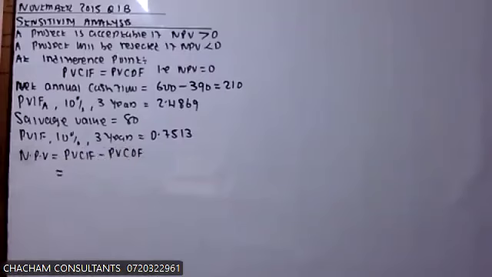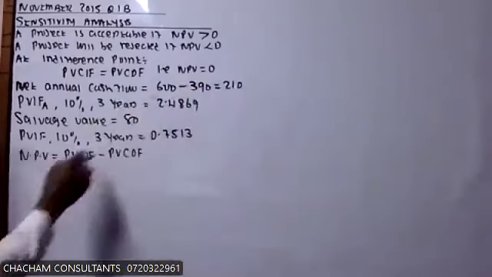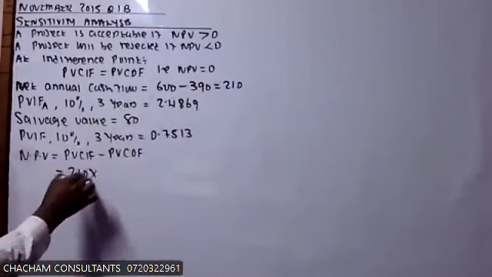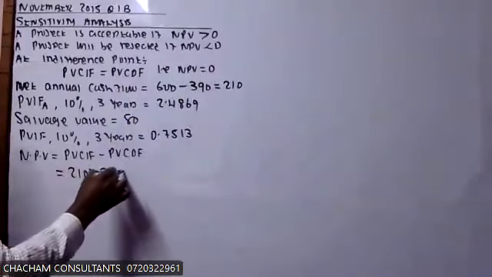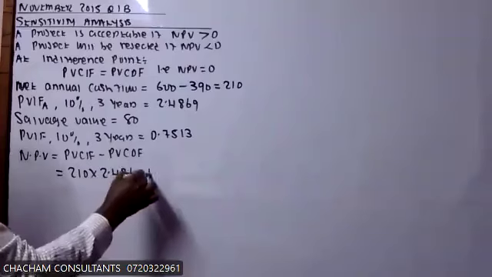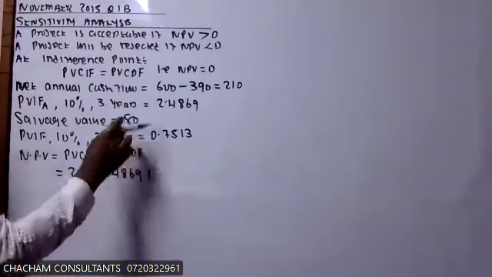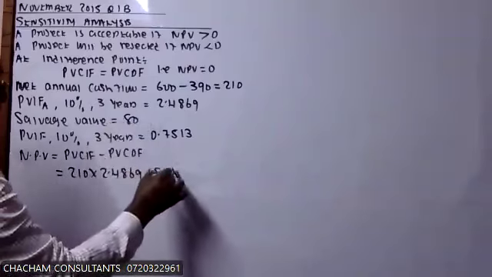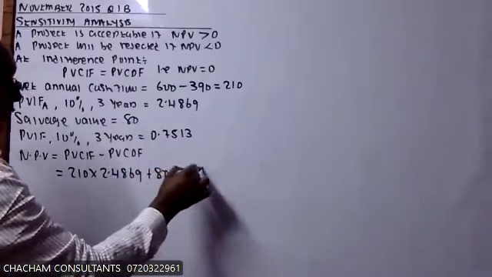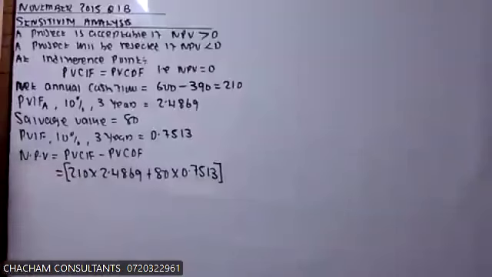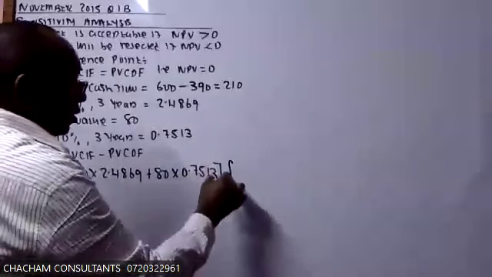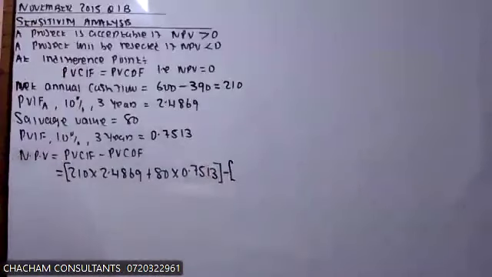So the present value of the cash inflows will be these 210 times the interest factor 2.4869 plus 80 times 0.7513. So those will be the inflows. Then the present value of the outflow is simply the initial cost.